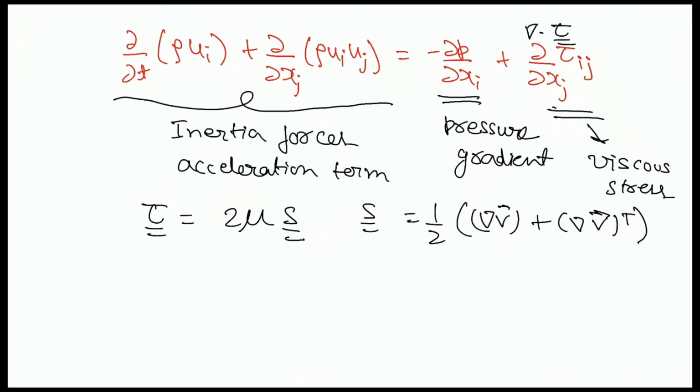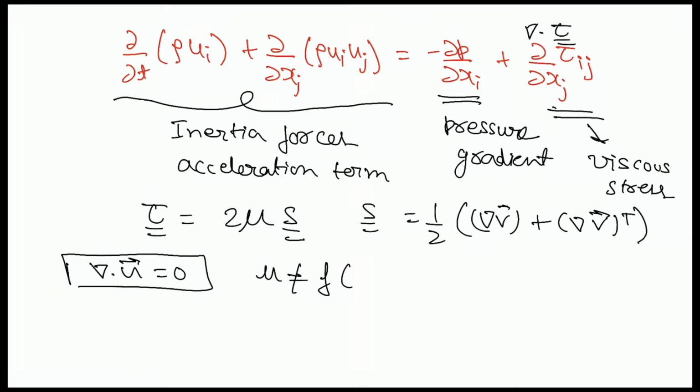Now, once we make certain assumptions, namely that the velocity field is divergence free, which is to say that the fluid is incompressible. Furthermore, if we assume that the viscosity is constant, that is, viscosity is not a function of the spatial coordinate x, then we can write this divergence of viscous stress term as mu times the Laplacian of the velocity.